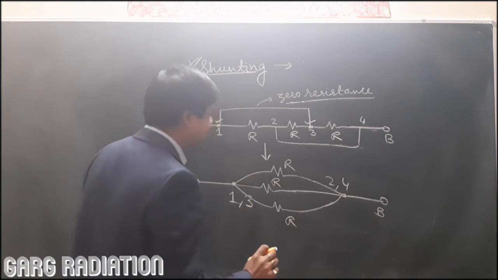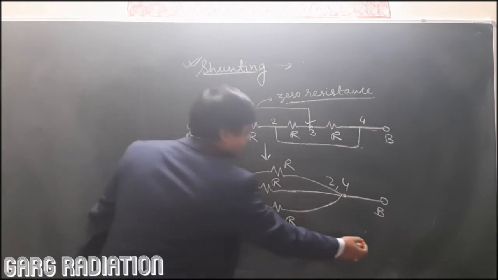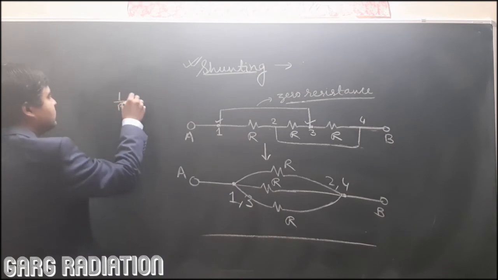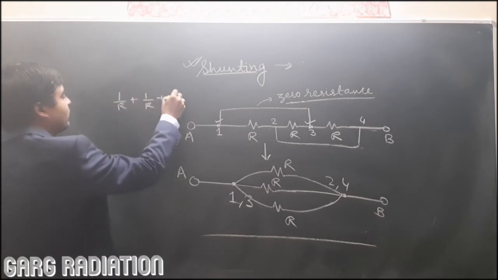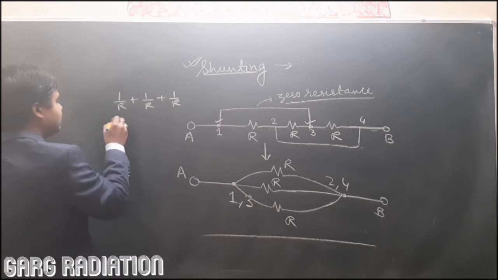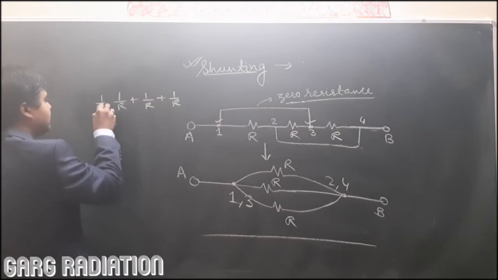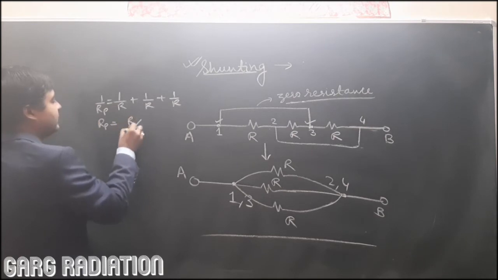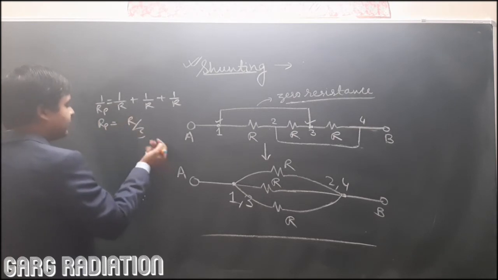When these resistances are in parallel, the R equivalent will be found by 1 by R plus 1 by R plus 1 by R, which is 1 by Rp. So Rp we can write as R by 3.